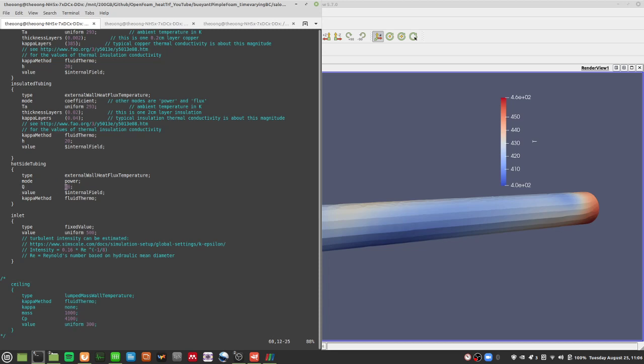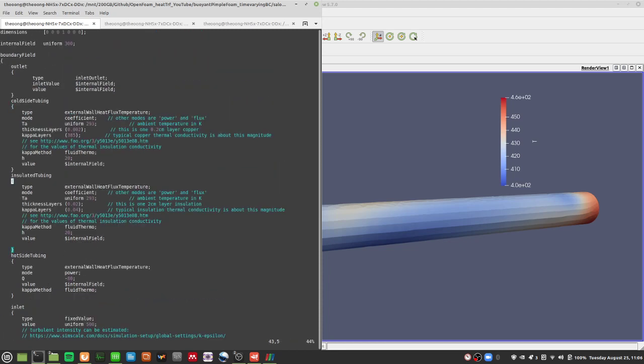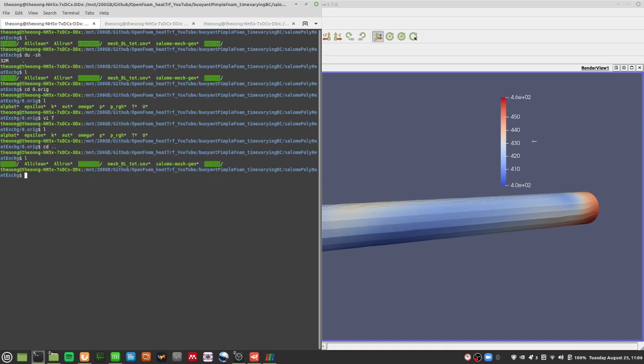Let me change this to -80 so that maybe you'll have more of an insertion of heat, and then we can do this cold side tubing, increase the h value, the heat transfer coefficient there to 2000, so that the cooling is better. Okay, so that should help it run better.